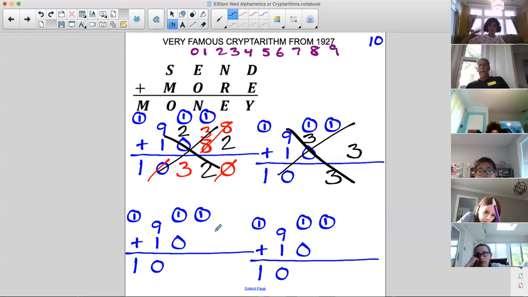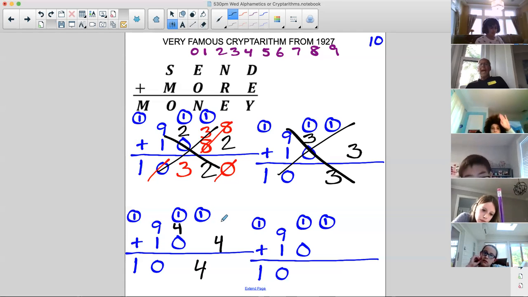What number do you want to try next, guys? 5. You want to try 4 next, and then 5? Okay, what does D have to be here, guys? Can D be a number? Go ahead, say it out loud. 7 or higher.